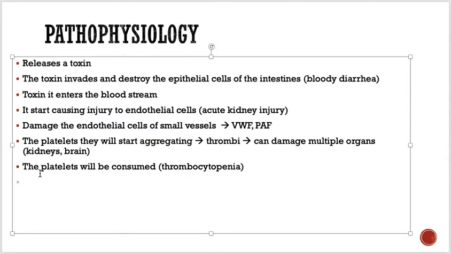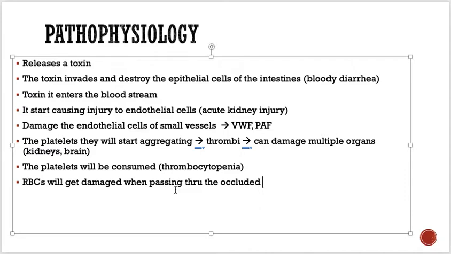Okay, now see, these small thrombi which are in the small vessels are going to damage the RBCs. So simply the RBCs will get damaged when passing through the occluded vessels.